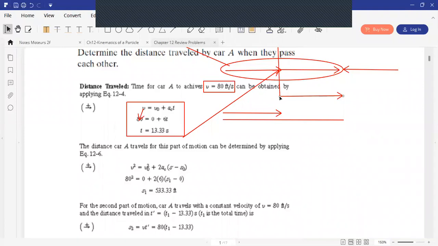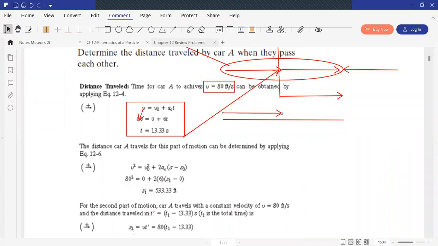Now, if you want to express S as function of the initial origin here, what should be S total? S total will be S2 plus 533.33. Okay, so if you want what they did here, they just calculated this is distance for phase 1, this is distance for only phase 2.